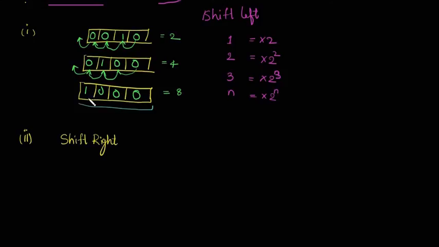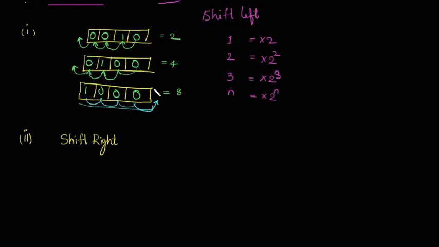If we shift this number 1 bit towards the right, this bit goes here, this bit goes here, this bit goes here, and this bit is lost, and this position remains empty, so we put a 0. And again, if we shift this value, we get this value.